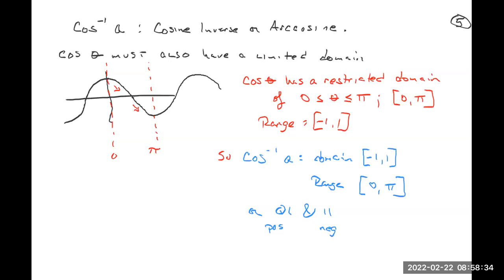Okay, so let's look at some examples. The arc cosine, or the cosine inverse of square root of 2 over 2.